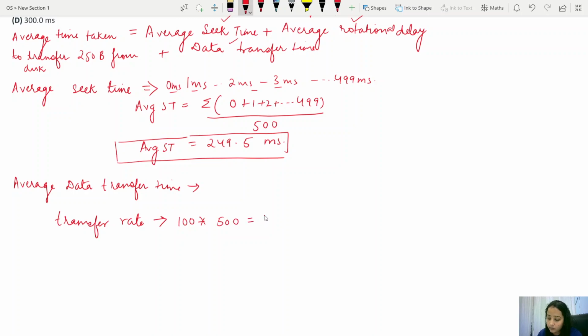So it will contain 50,000 bytes of data, and this much data will be read in one rotation. So how much time will it take to read 250 bytes?